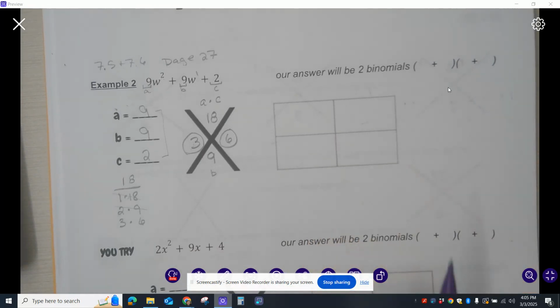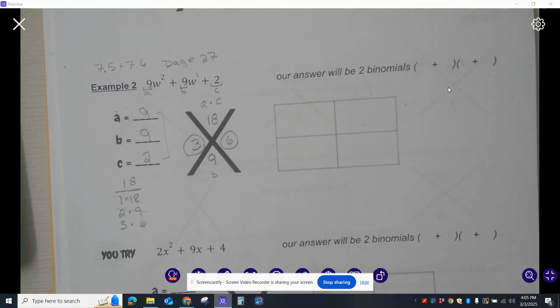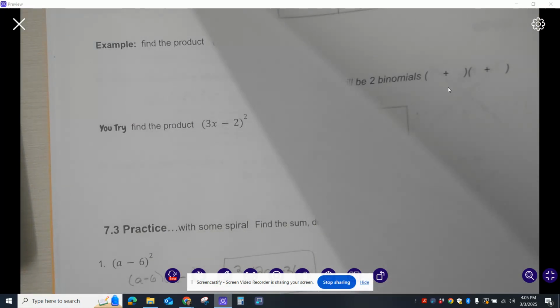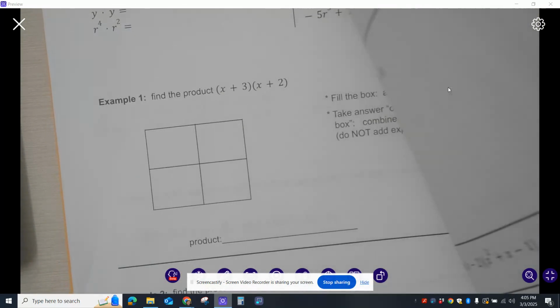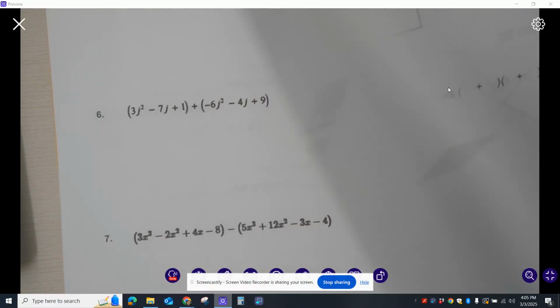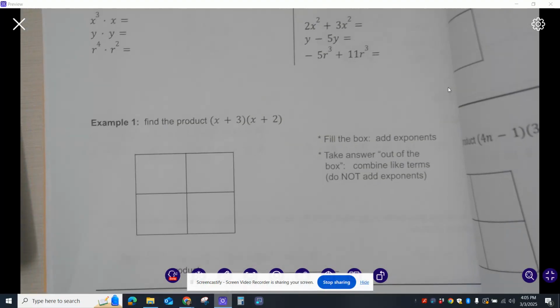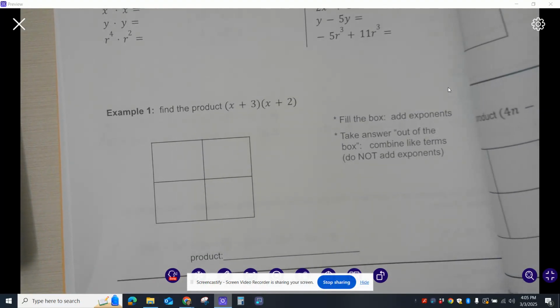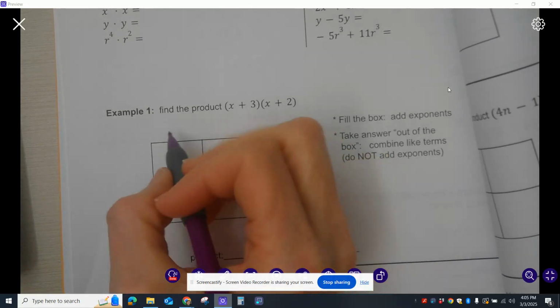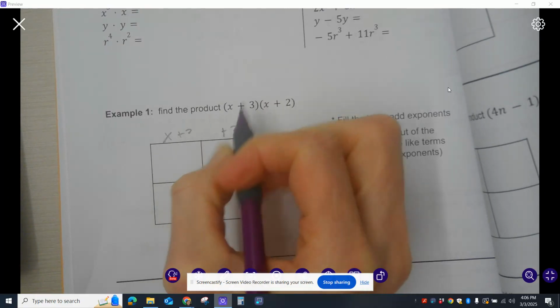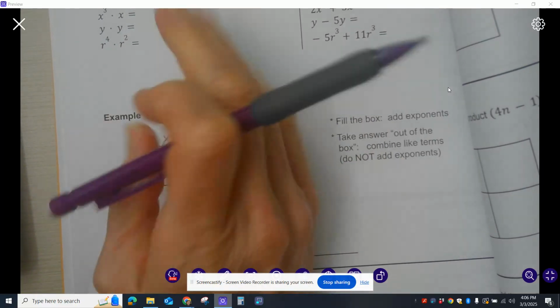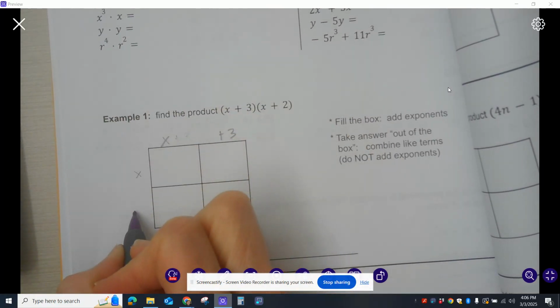Now, what goes in the box? Well, if you remember, let's go all the way back to one of these box problems. Back in section 7.2, I think this was, when we were multiplying binomials.